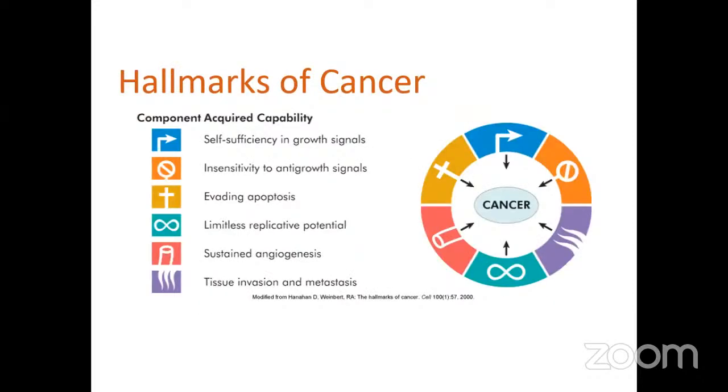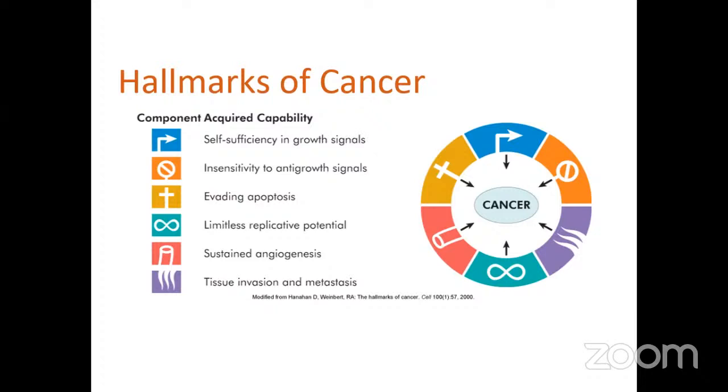So these are the hallmarks of cancer. First, how can you say that one cell has become a cancerous cell? The first thing is self-sufficiency in growth signals. That means though it doesn't get any growth signal, still it is self-sufficient and it will start dividing.